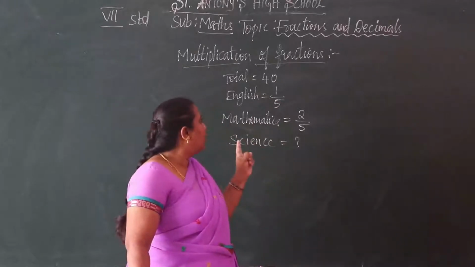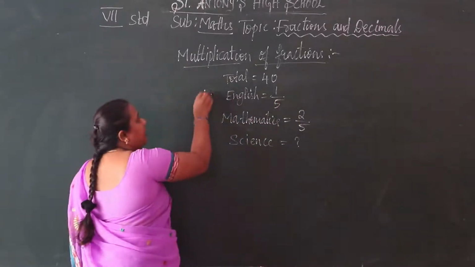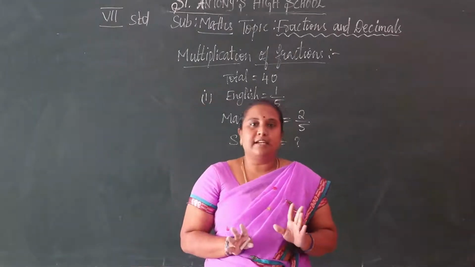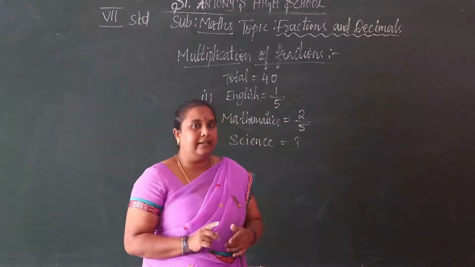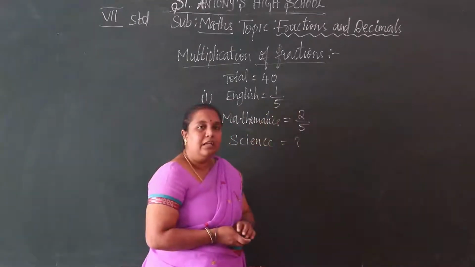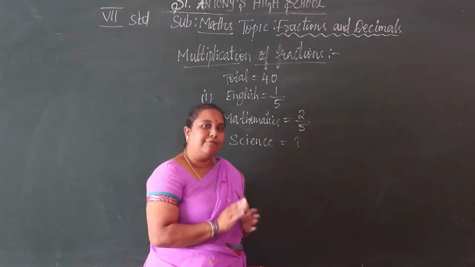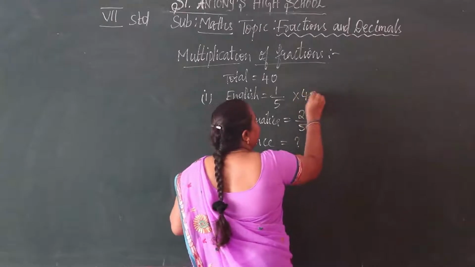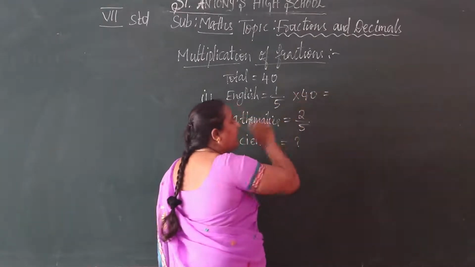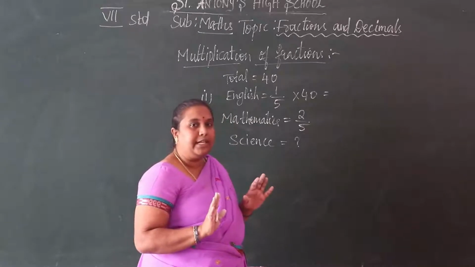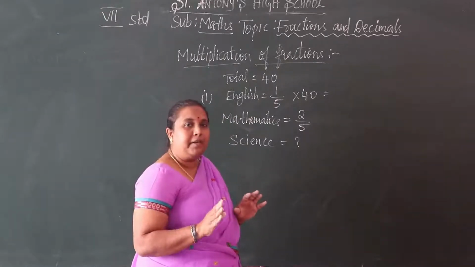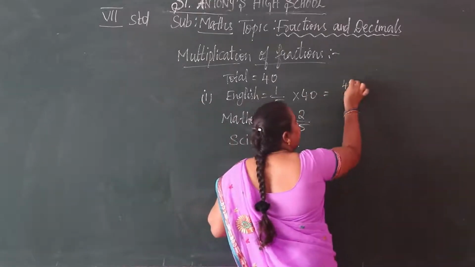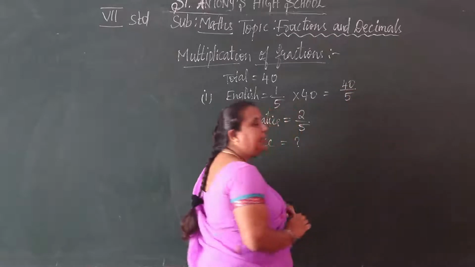So the first thing we want to find out is how many students like to study English. 1 by 5 of 40 students. So we want to multiply by 40. Here we are multiplying the whole number only with the numerator, not the denominator.